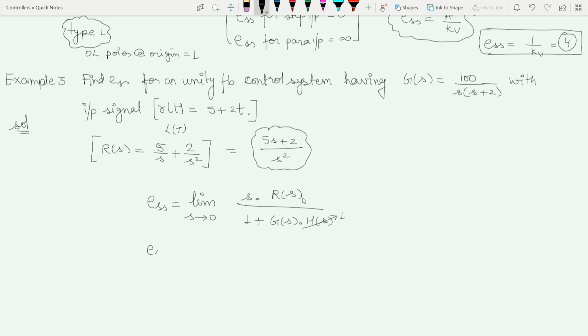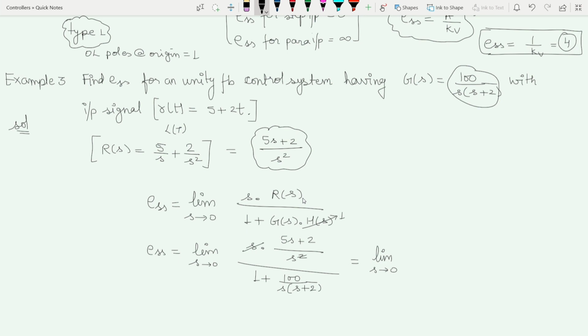So the steady state error equals the limit as s tends to 0 of s into R of s, which is 5s plus 2 divided by s square, divided by 1 plus G of s, which is given in the question as 100 divided by s plus 2. When you solve it, this s will get cancelled over here.